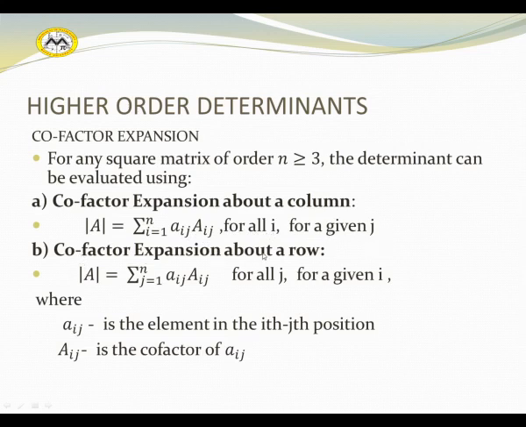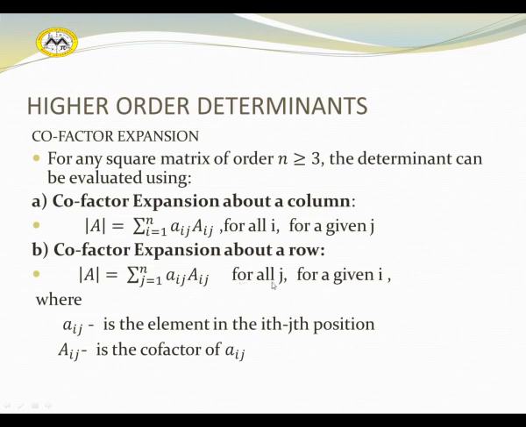Or, if we consider a certain row, the method is a cofactor expansion about a row, which follows the same idea. The determinant of a matrix A is equal to the sum from a certain j column to the nth column of the product of the element at the ith row and jth column multiplied by the cofactor of the same position ij.